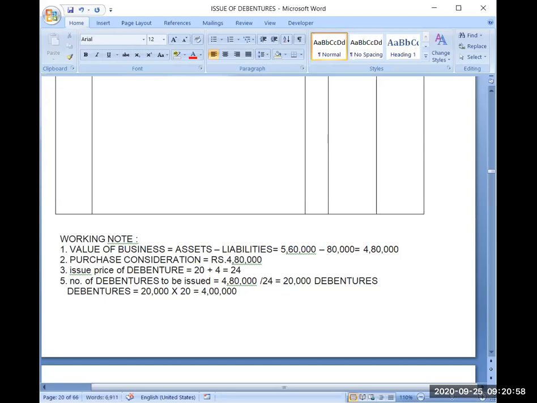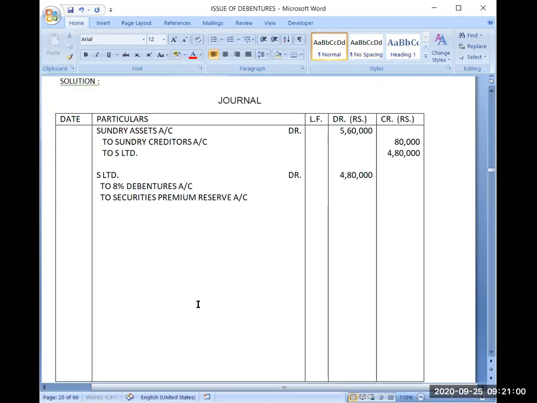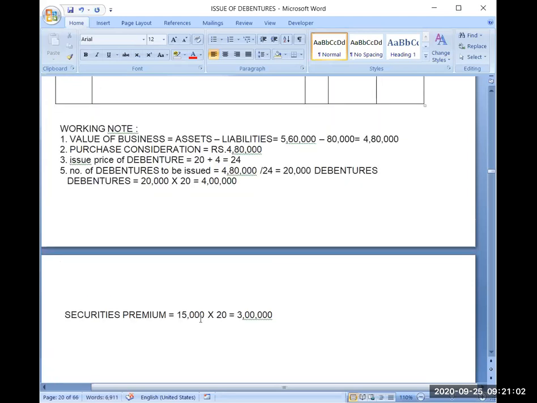So it will be 4 lakh, and premium amount will be 20,000 into 4, 80,000.